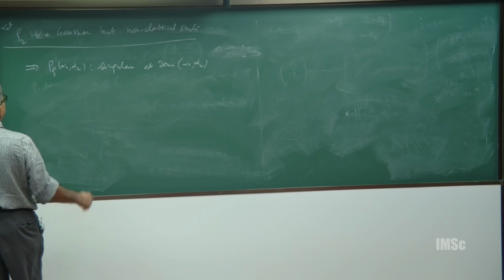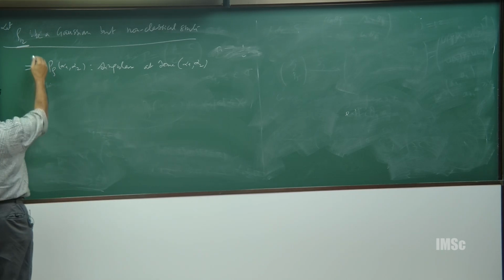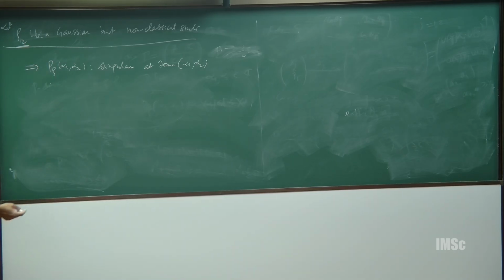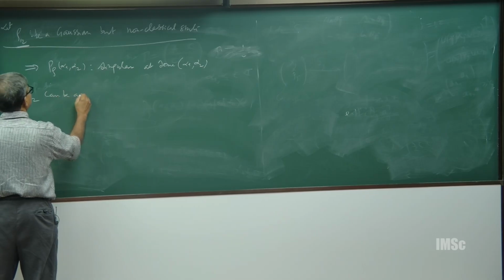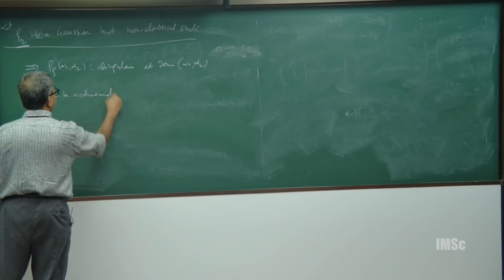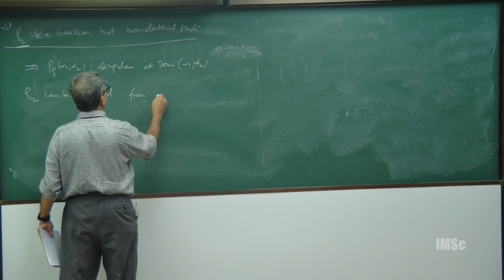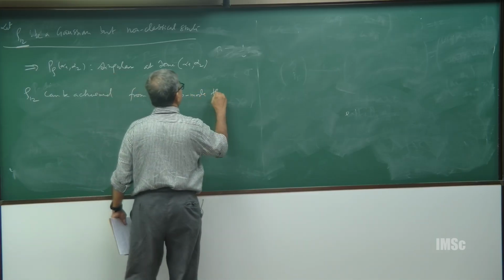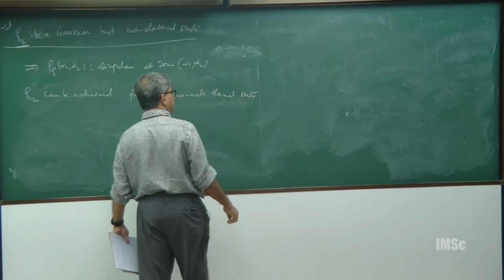Now, how will you achieve such a state? So, this rho which is a Gaussian, but non classical. How to achieve this? So, rho 1 2 can be achieved from a 2 mode thermal state, which is again Gaussian.